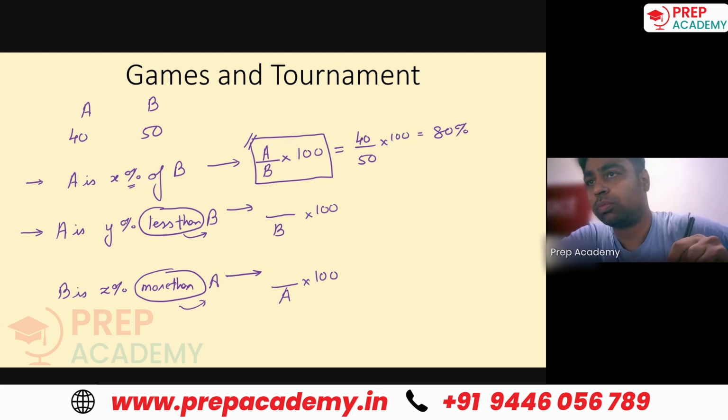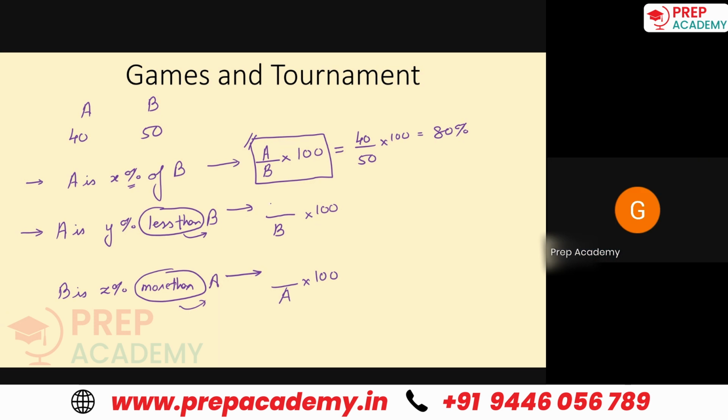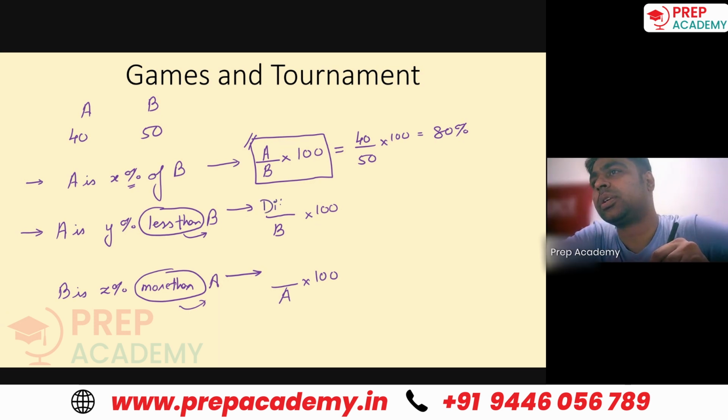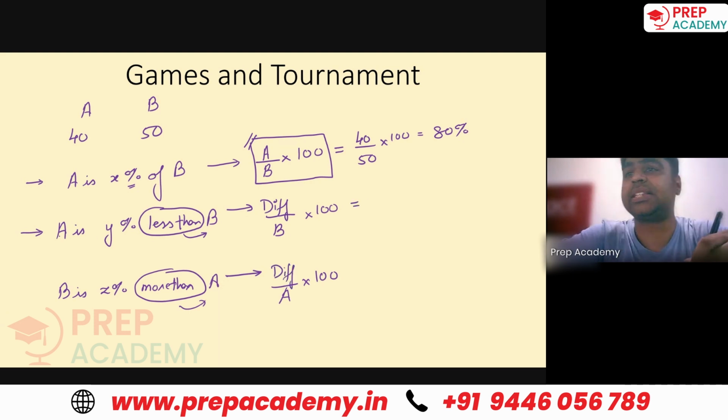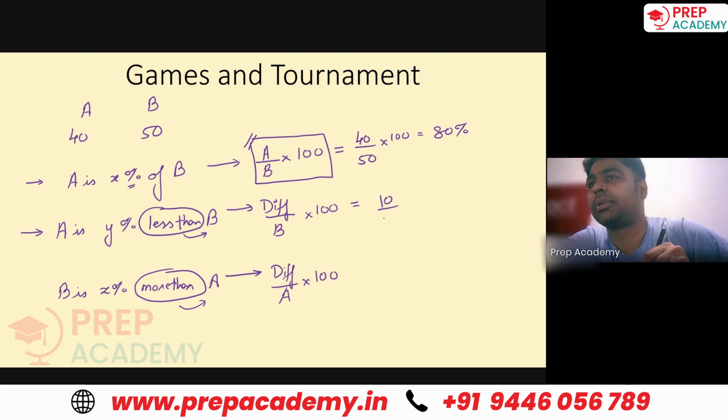Now, what is going to come in the numerator part of it? The difference between A and B. Very good. Okay, less than or more than means the difference part. And that is the reason when this answer came, the difference is 10 and B will be 50 here. So this value would be 20%.